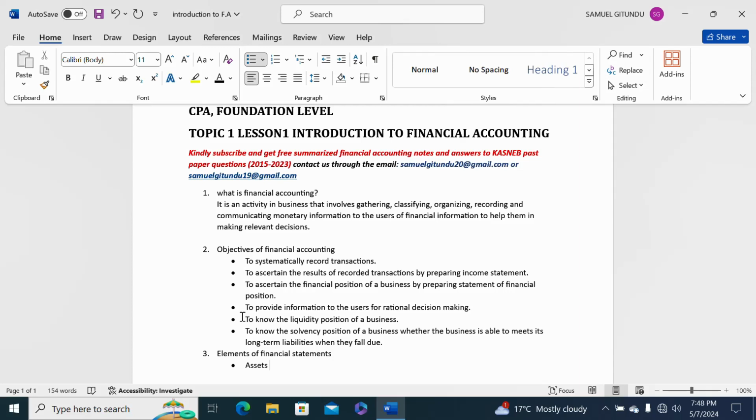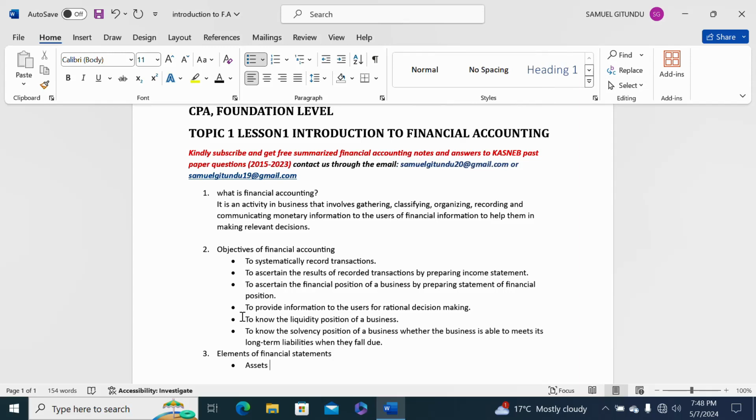An example of a non-current asset is a building. We also have assets like motor vehicles, and assets like brand. Those are some examples of non-current assets, but we are going to discuss more about them in the lessons to come.